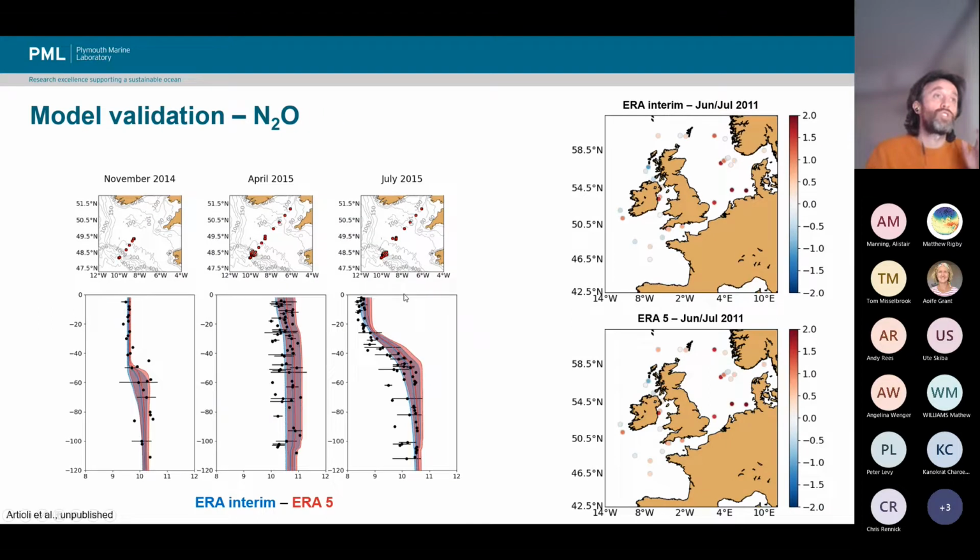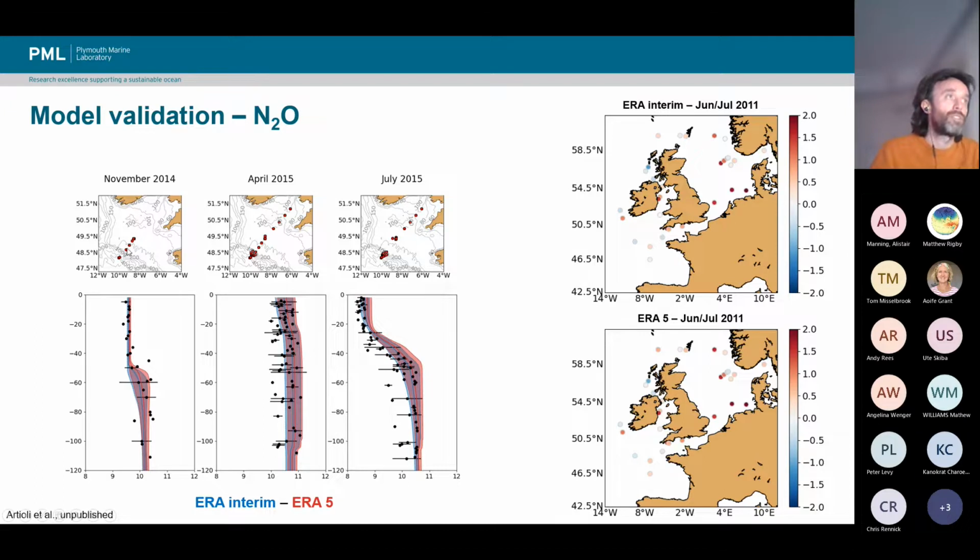So which one of these two models can actually be considered closer to reality? Unfortunately, we don't have a lot of data of N2O in the marine environment. Here is the comparison. On the left are data from the SSB program.